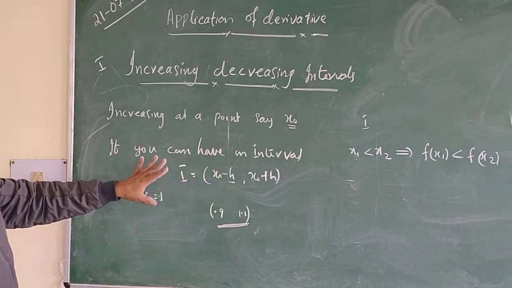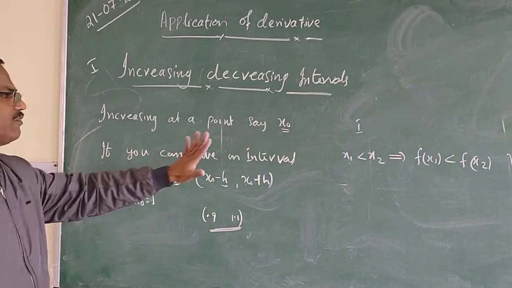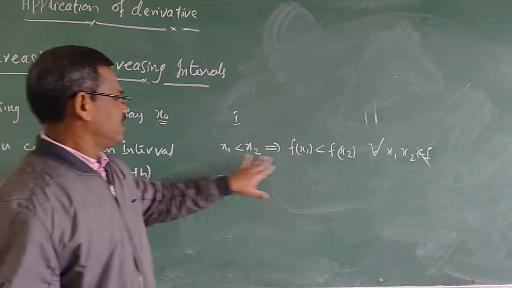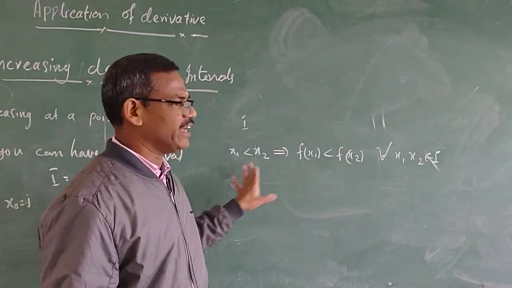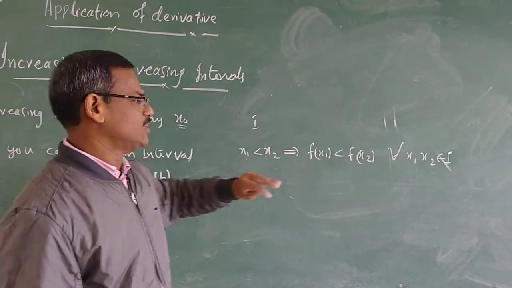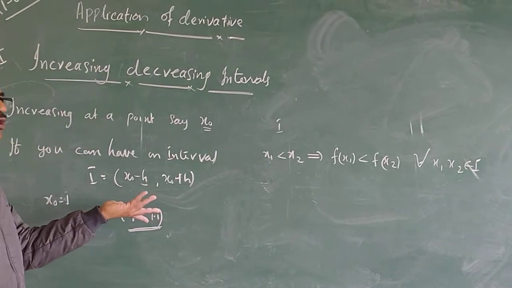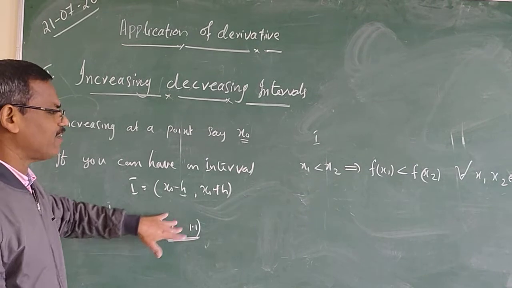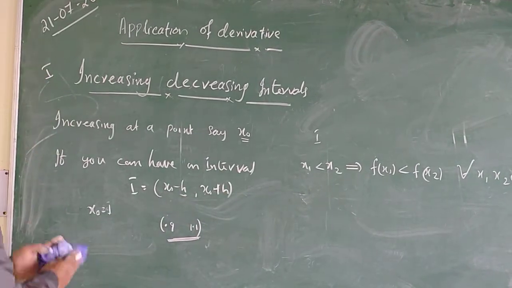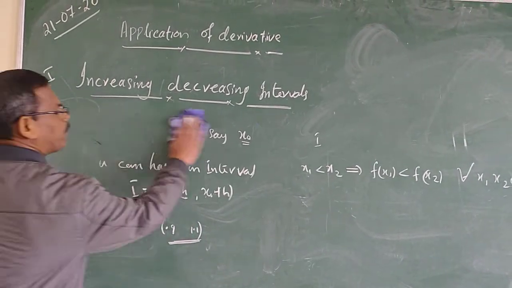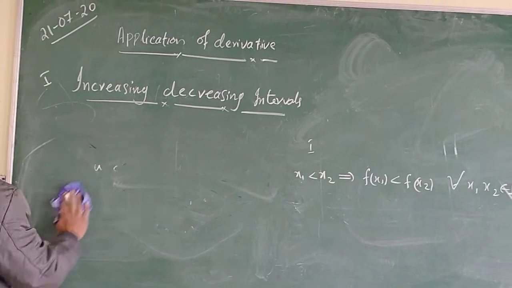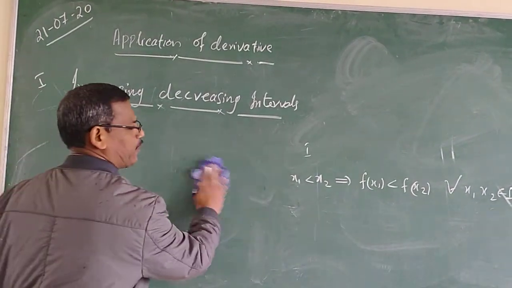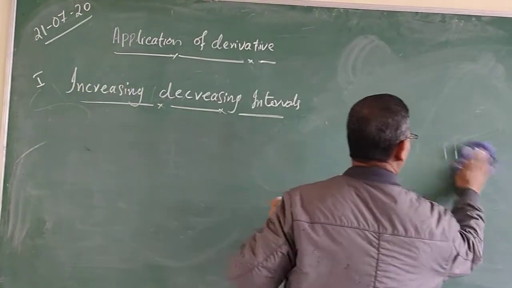Nothing to worry about, just remember this definition. For the point also, you have to create an open interval like this, and in that interval it should be increasing. So it is called increasing at a point. In a similar way, decreasing at a point can also be defined.